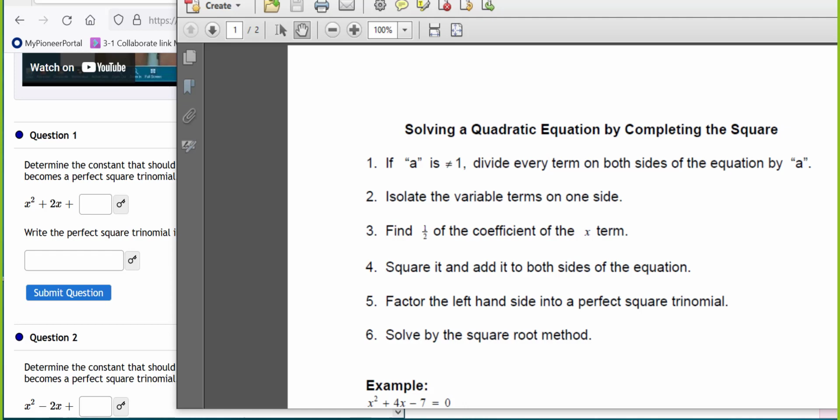All right, so from 2.5, 7 through 14. And so that would be 2.5a. Sarah? Yes. Okay.